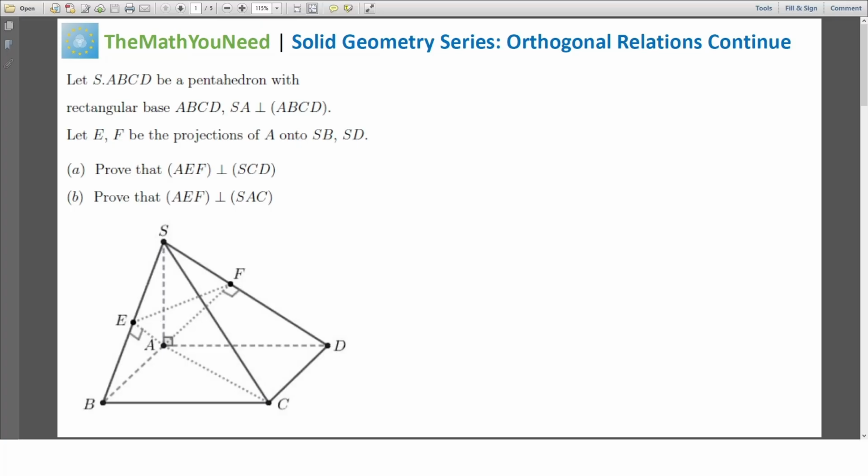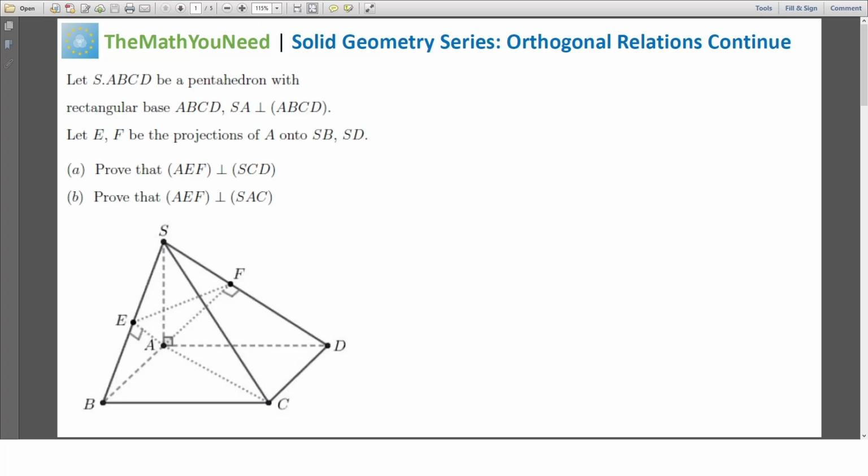But in addition, we have BC is perpendicular to AB because ABCD is a rectangle. And therefore, we have BC is perpendicular to plane SAB, right? Because BC is perpendicular to both SA and AB.